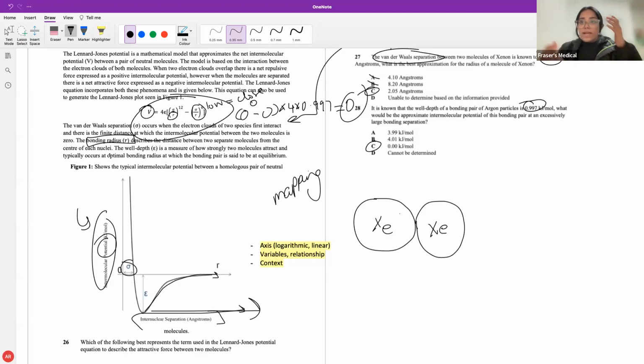So there's two ways of getting it. The easiest way would have been to look at the graph, see that it's approaching the x-axis, getting to 0, so therefore the answer is 0. Any questions about that?